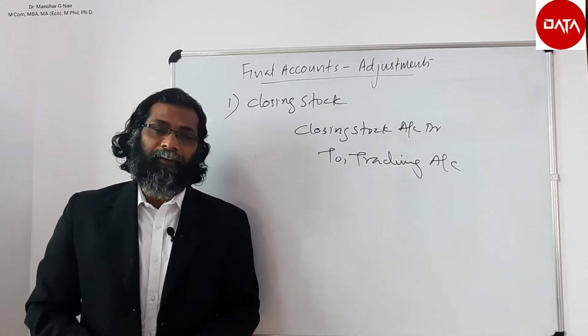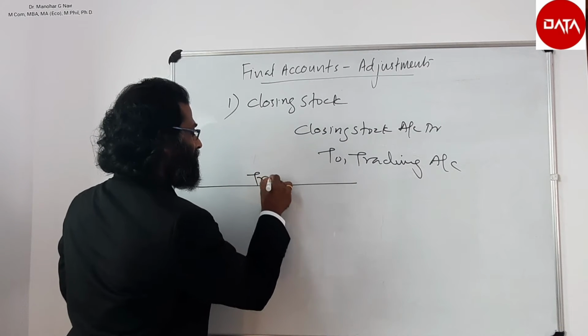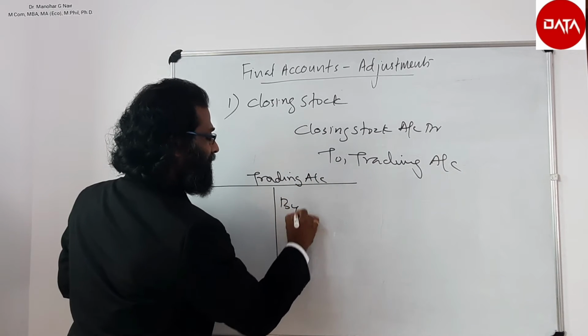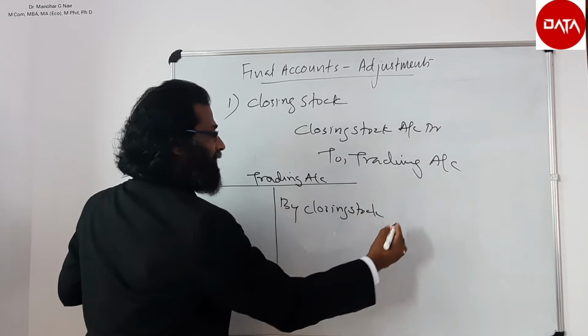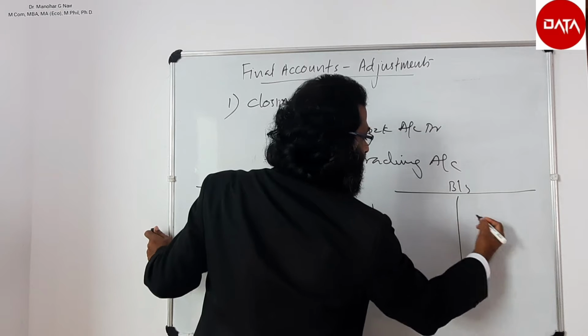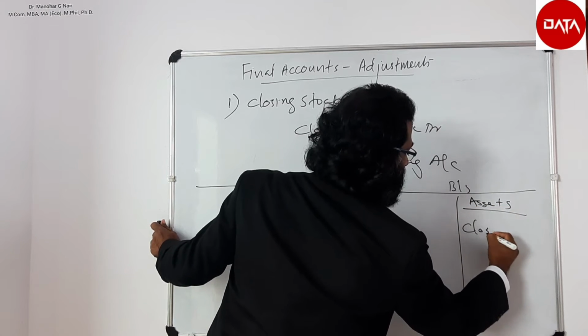So the twofold effect is in the trading account, credit side, by closing stock. At the same time, in the balance sheet, asset side, closing stock.